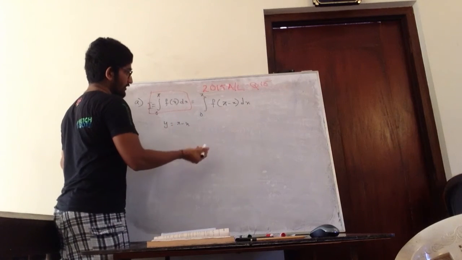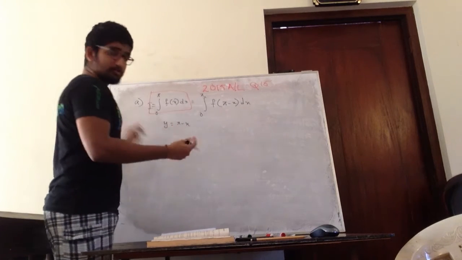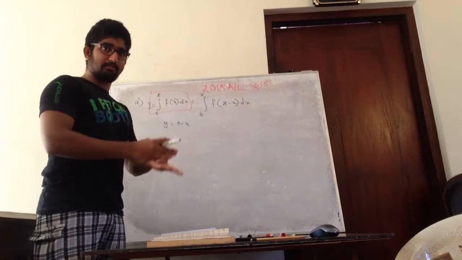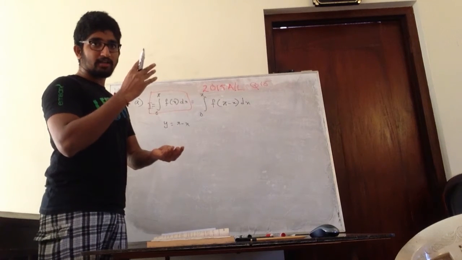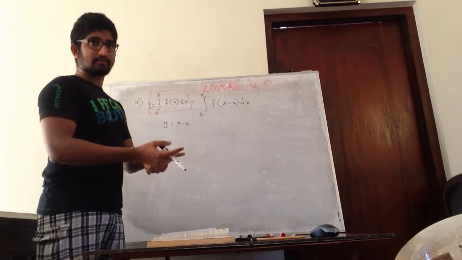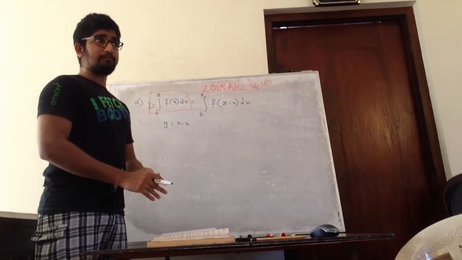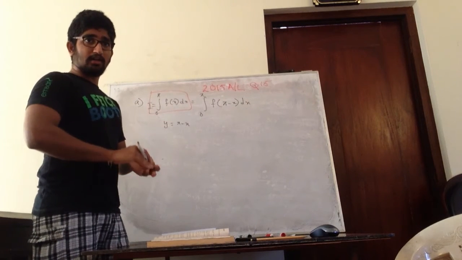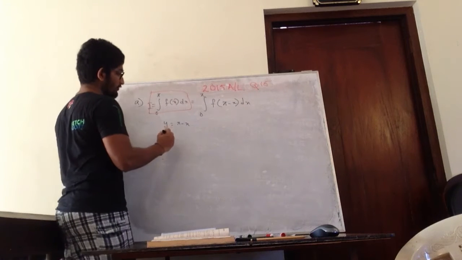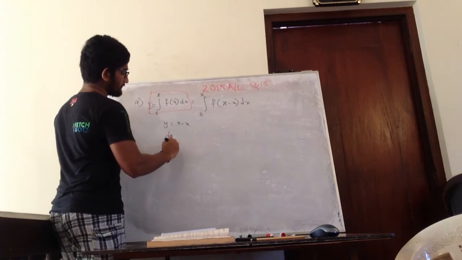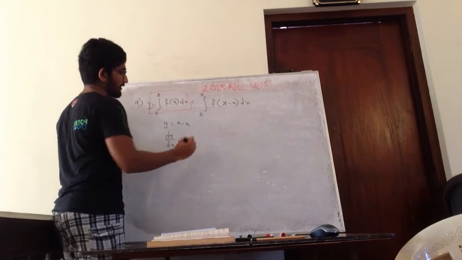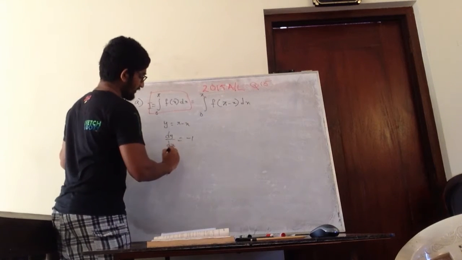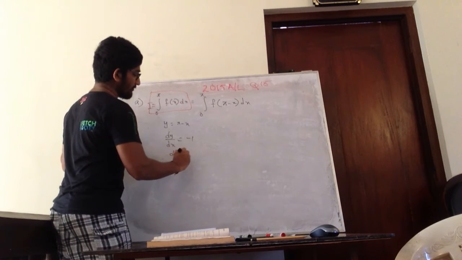Then what I'm going to do here is, since this is a substitution, I need to change the limits. Then I need to find dy over dx, and then substitute and see. So dy over dx is going to be minus 1. So then dx is going to be minus dy.